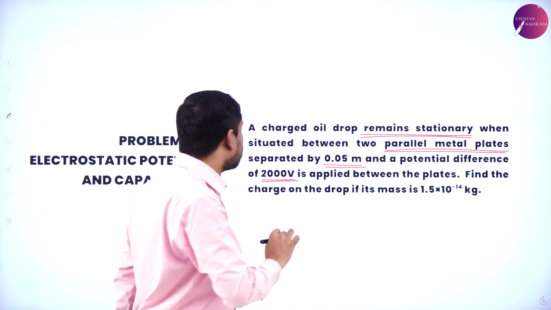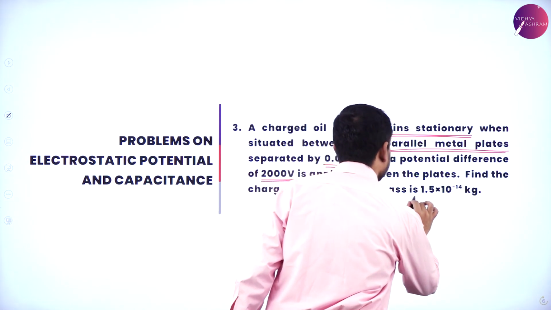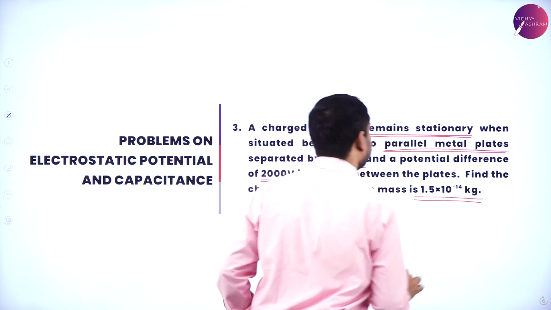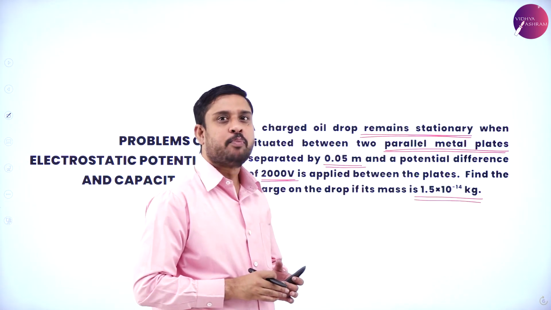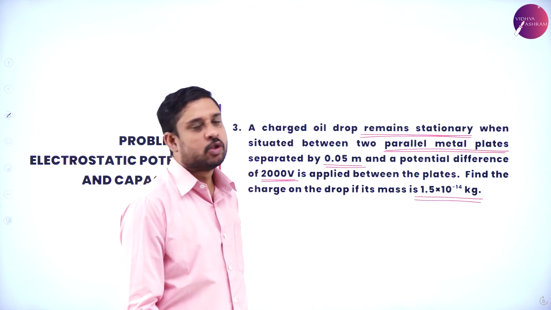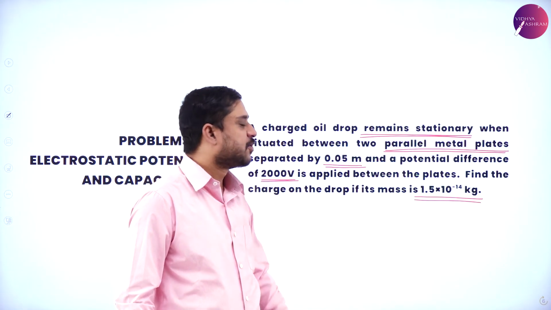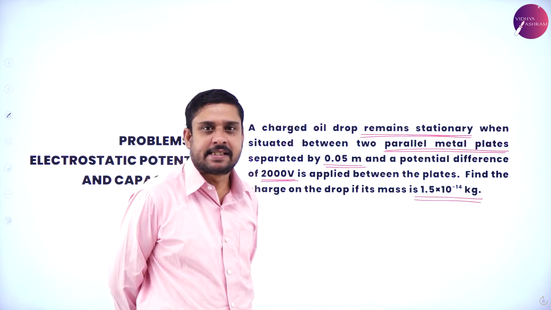Find the charge on the drop if its mass is 1.5 into 10 power minus 14 kgs.